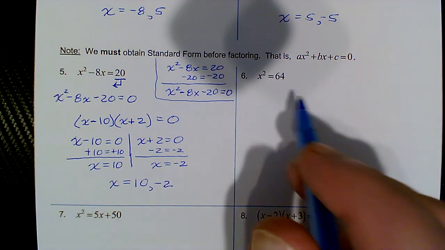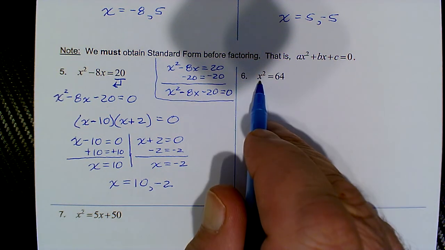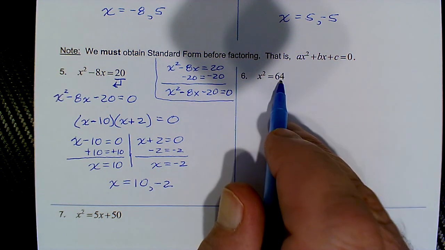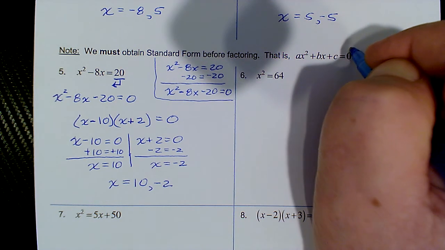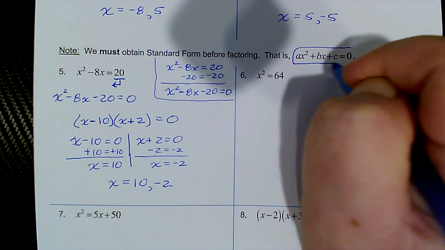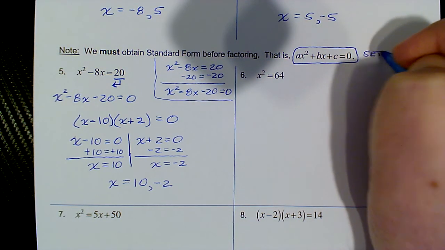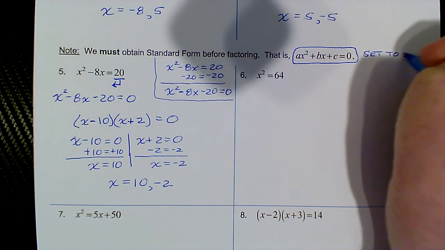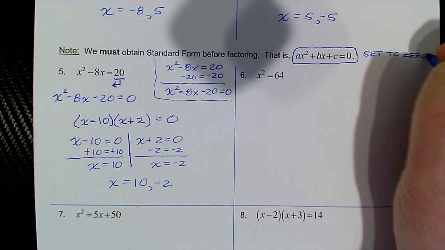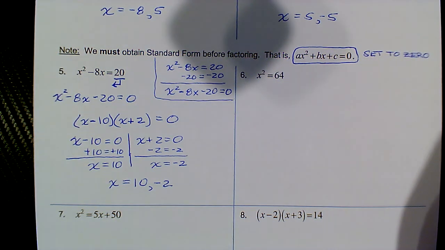Okay, here's another one where, again, it's not in standard form, because you have to always set one side to 0. So when we set to 0, we're just transposing, okay?